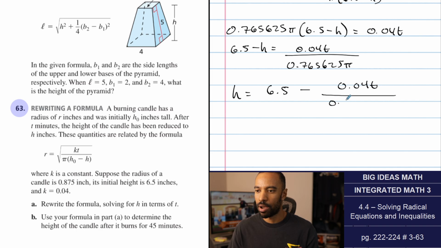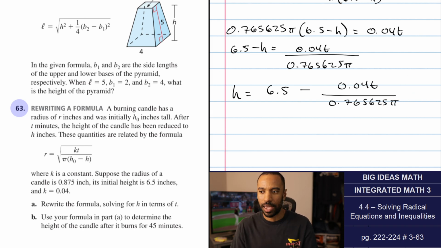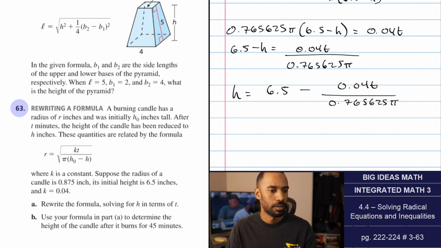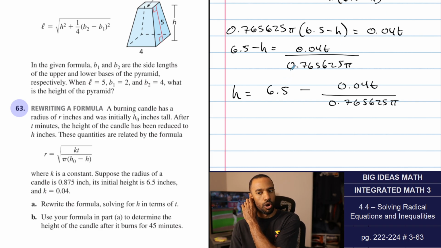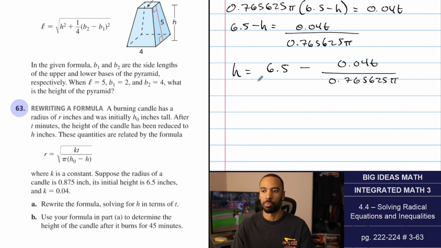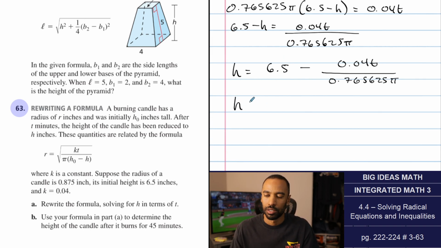And I wonder how much we've got to do as far as reducing. The pi is going to stay as pi. 0.04t divided by this thing. Oh, it might not be clean, actually, because then you divide by 49. So 0.04 divided by 0.765625. Yeah, it's not a clean number overall. Let's just go ahead and approximate. Well, I don't know.